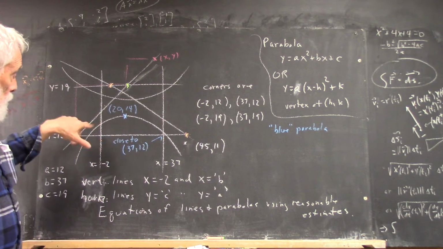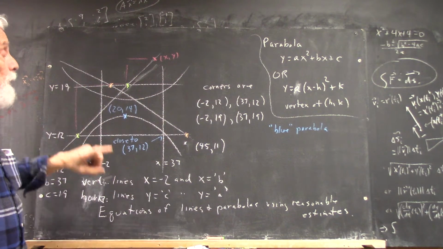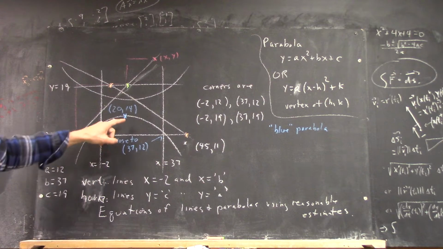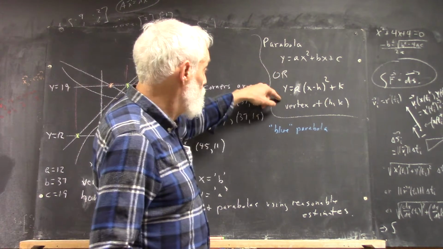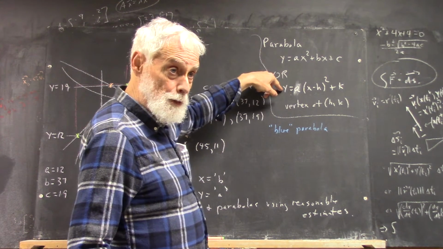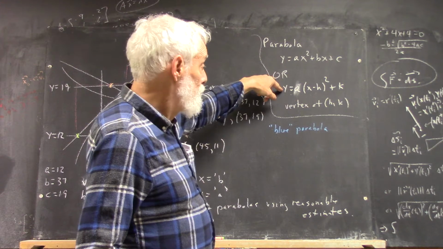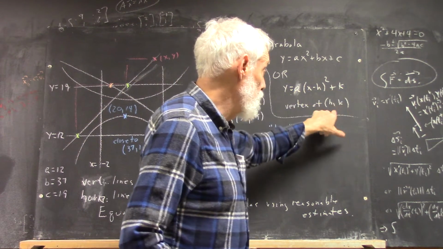So, on a parabola, the easiest way to get the parabola is to first estimate the coordinates of the vertex, because you know that there are two forms of a parabola, this form and the vertex form, okay? And the vertex form tells you the coordinates of the vertex, that's (h, k).